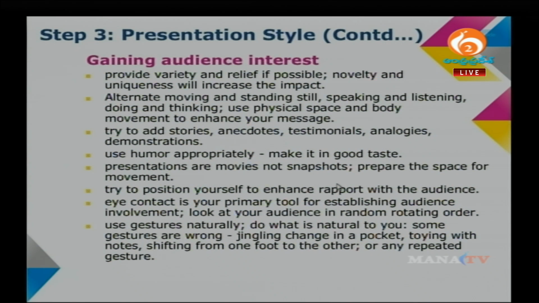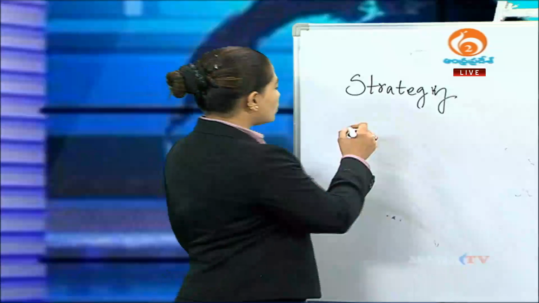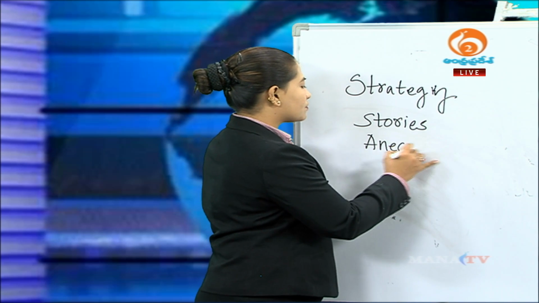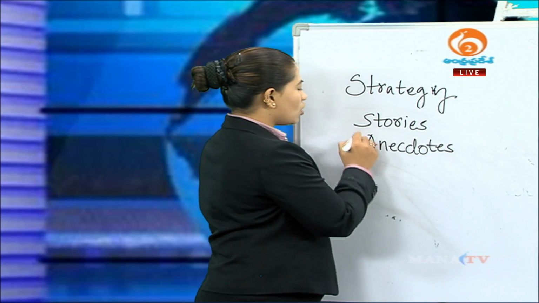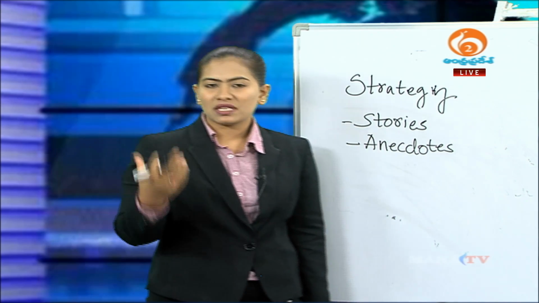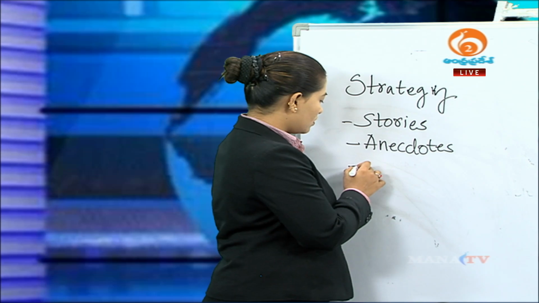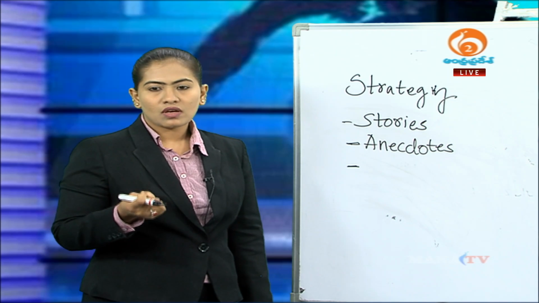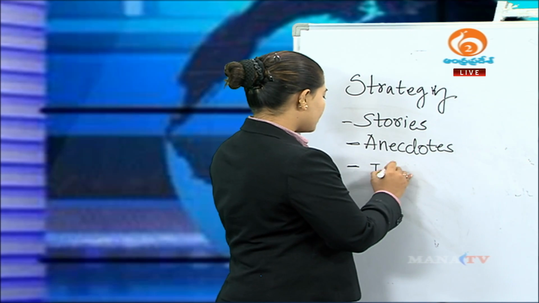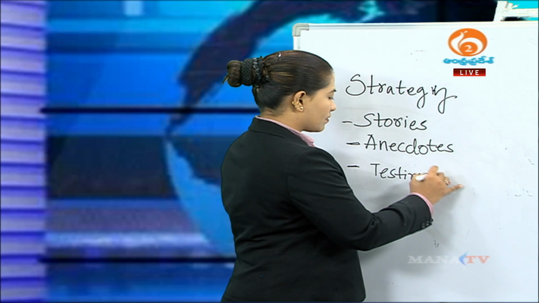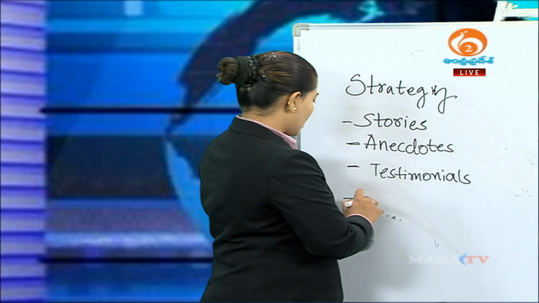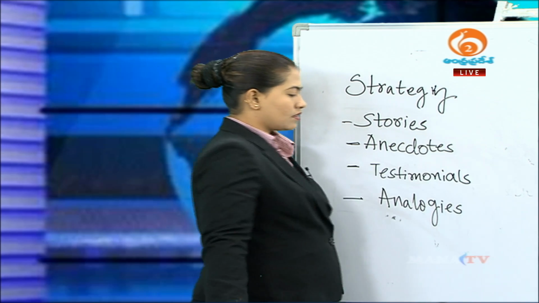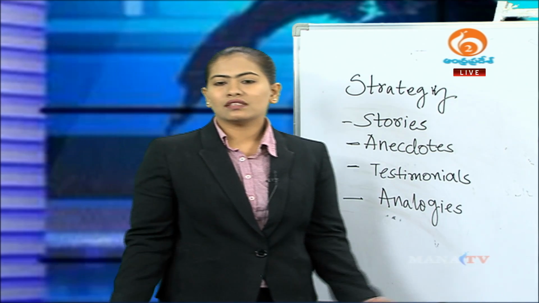So the first thing to keep in mind is start sharing stories, a lot of real time stories. Anecdotes are nothing but short one liners to convey a message or meaning. And then to talk about is your stories, your anecdotes, things like testimonials, analogies, and what else, any other facts or demonstration.